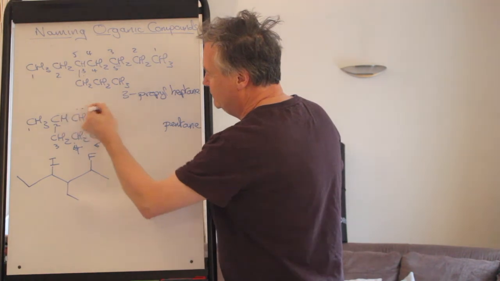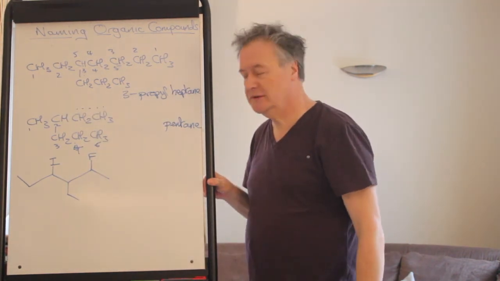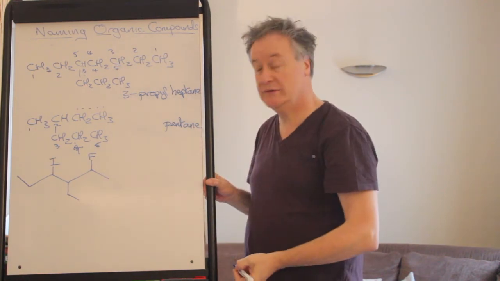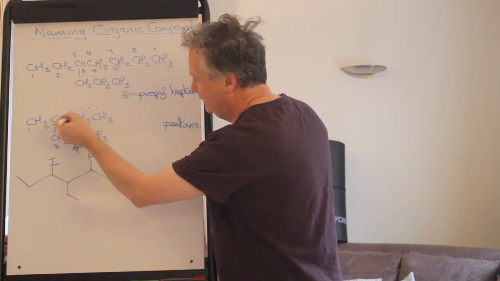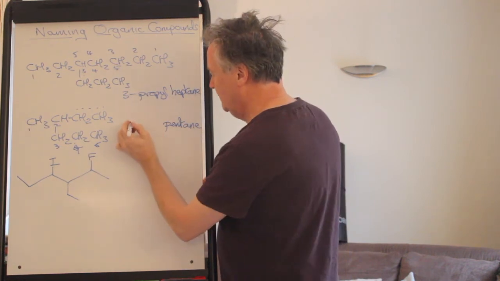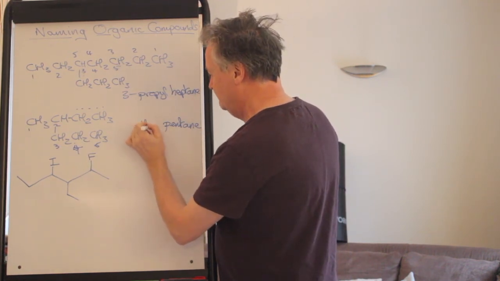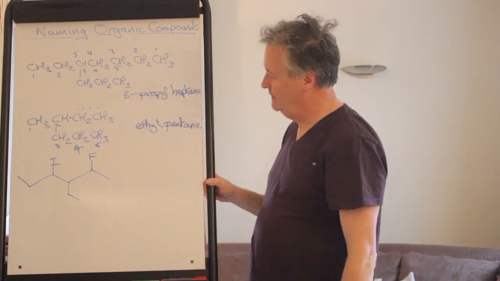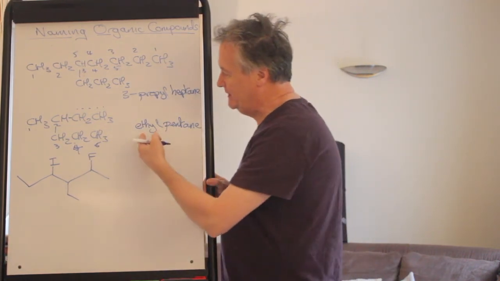So that means this little dotted bit is the additional carbon content. So it's on carbon 2 as well, because it comes off of the second carbon. There's a bond going to go in there, but you don't put it in the structural formula. So it's ethyl pentane. And you have to specify where the ethyl is.